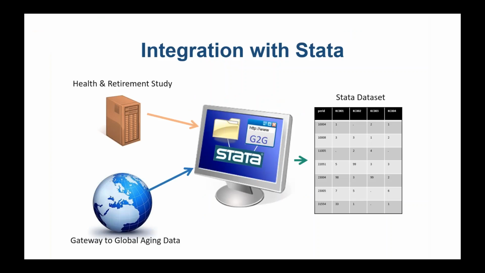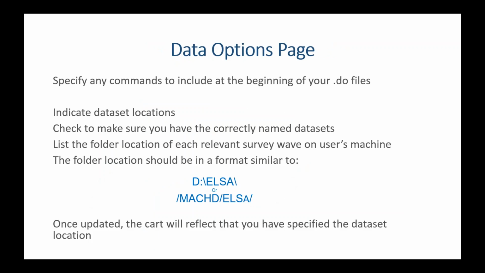So for instance, if you have the HRS data stored on your computer and then you find HRS questions on the gateway which are relevant to your research, we'll then give you a pre-generated, pre-written Stata program specific to you to produce a Stata data set with just those variables of interest to your research. You do this through the data options page.